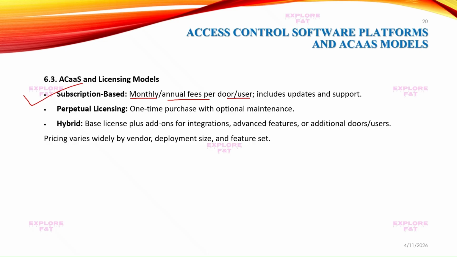Perpetual licensing is a one-time purchase with operational maintenance. Hybrid is a base license plus add-ons for integration, advanced features, or additional doors or users. Price varies widely by vendor, deployment size, and feature set. Okay, so price will vary as per vendor, deployment size, and feature set.